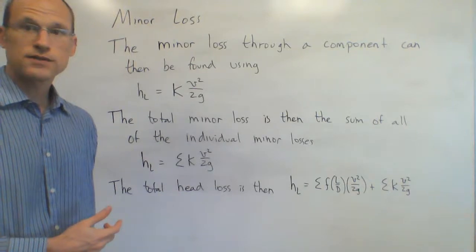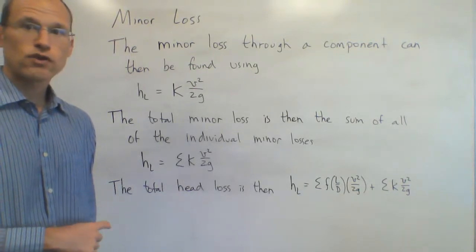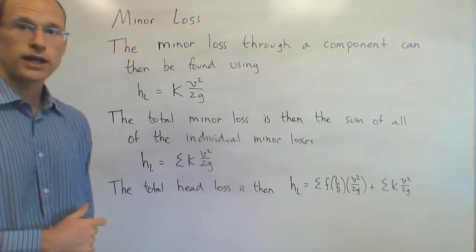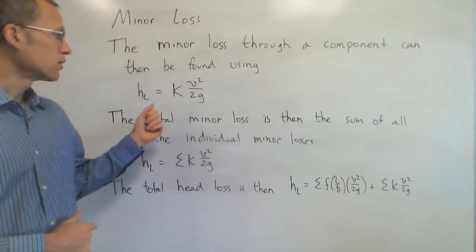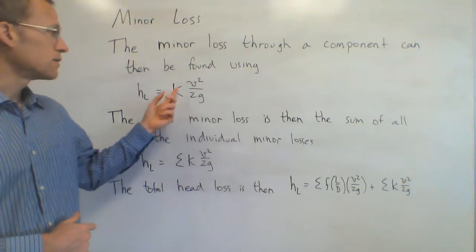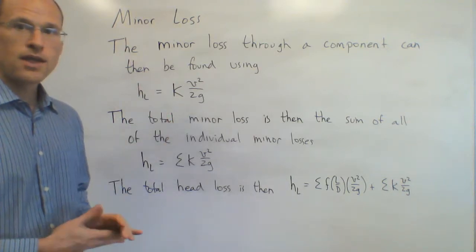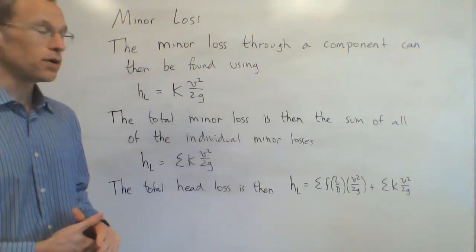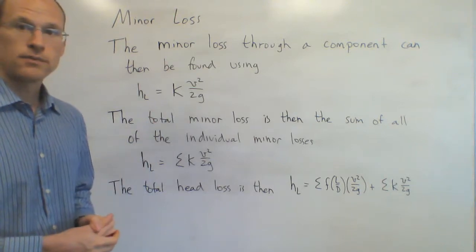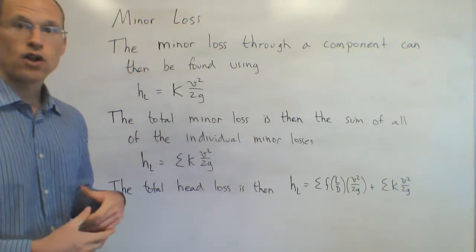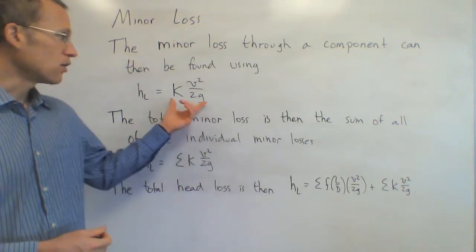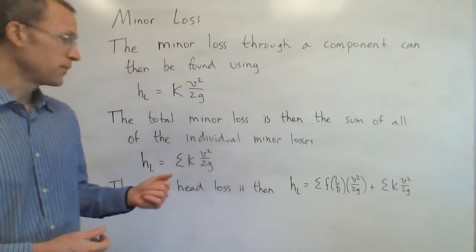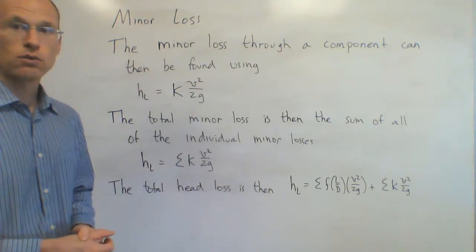So what do we do with these values of K once we've found them? Well, we can rearrange one of the formulas we saw before for K to get the head loss out of it. So head loss, minor losses, are my minor loss coefficient K times V squared over 2g. That gives me the head loss through any single component. If I want to find the head loss through all of my components, because generally I'm going to have a lot more than one, I just take each individual component and add them all together, and that's my total minor loss.